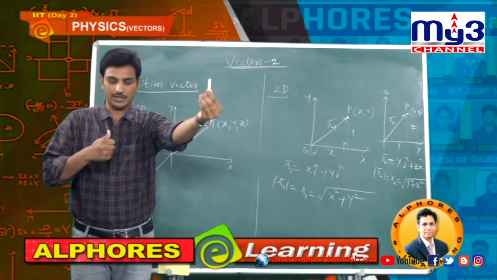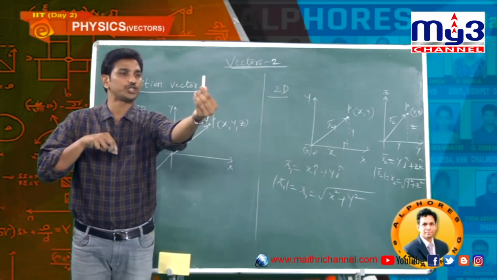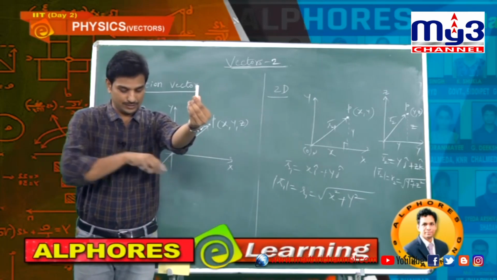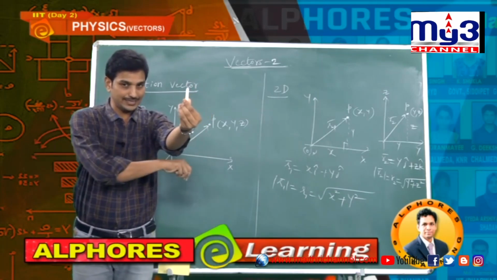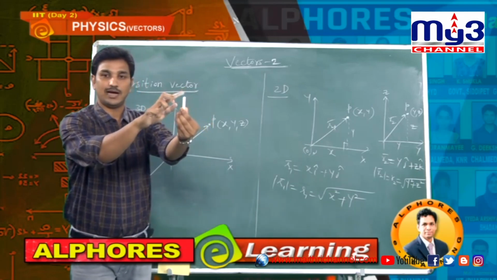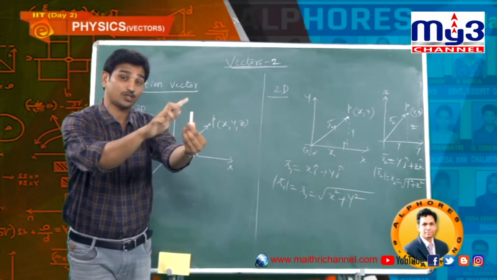Let this point be the origin. How to reach the position of the chalk piece? Along x axis x, from this point, y axis y, z axis z. Now I am able to reach this particle or body or chalk piece.